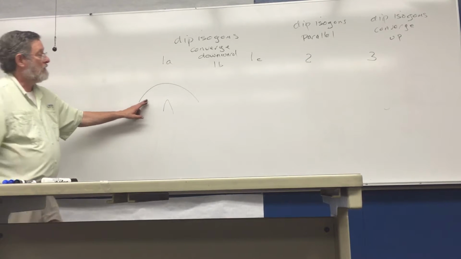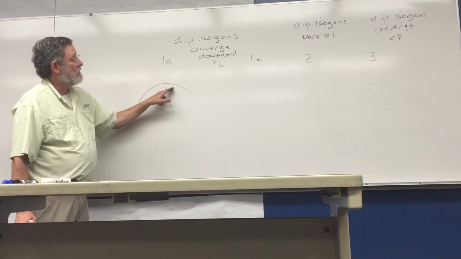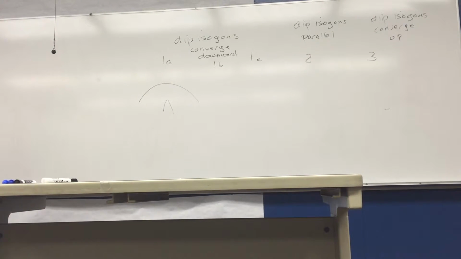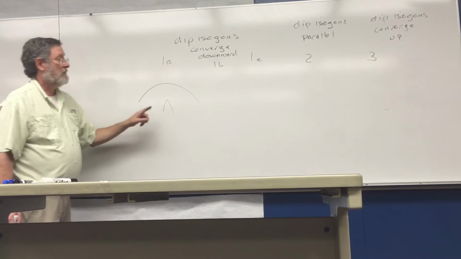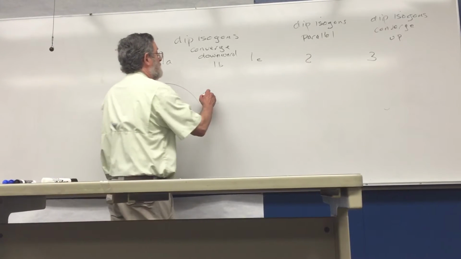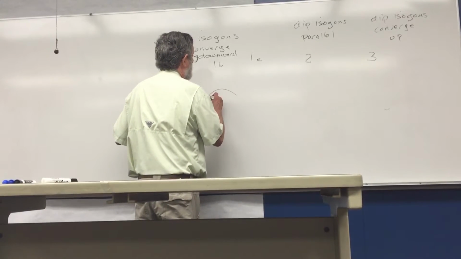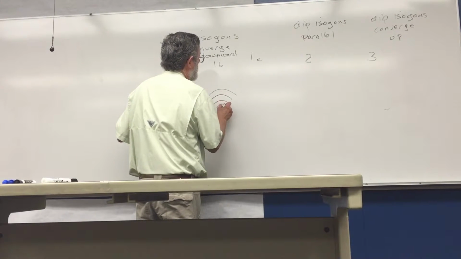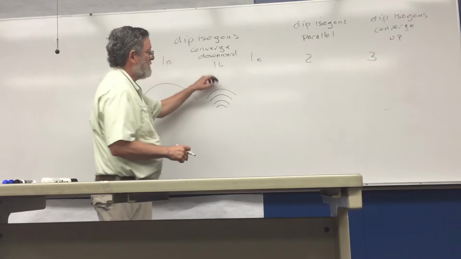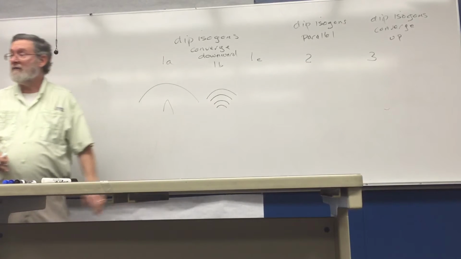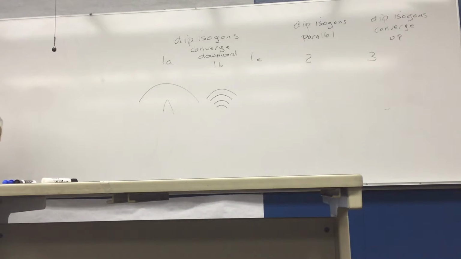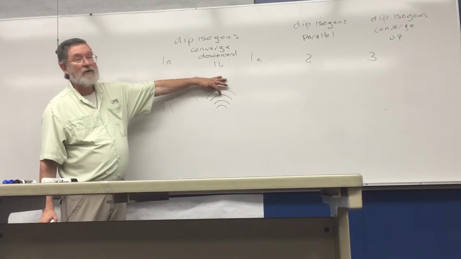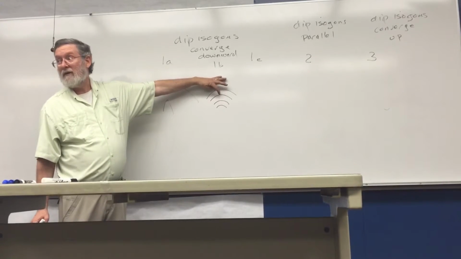He also noticed that the curvature of the outer arc was less than the curvature of the inner arc in this. He found folds that did this, where again the dip isogens converge downward, and the curvature of the outer arc was less than the curvature of the inner arc.